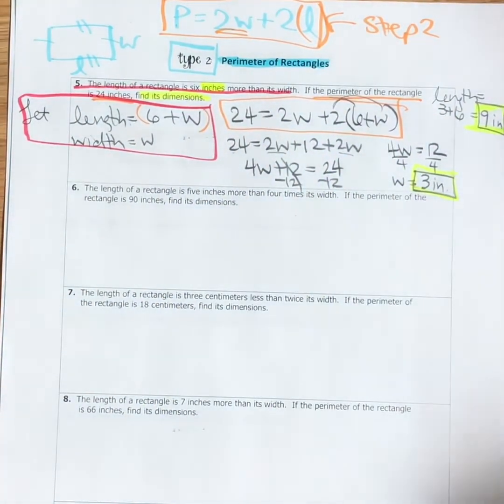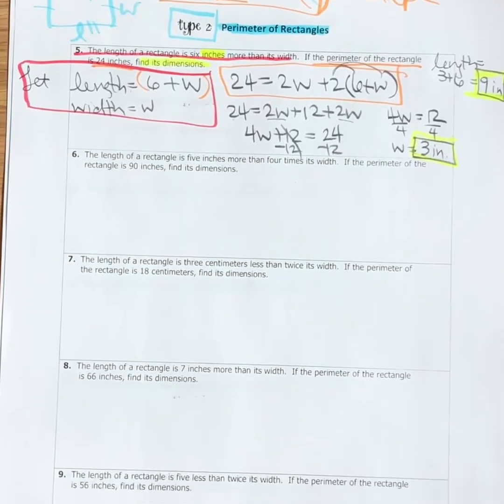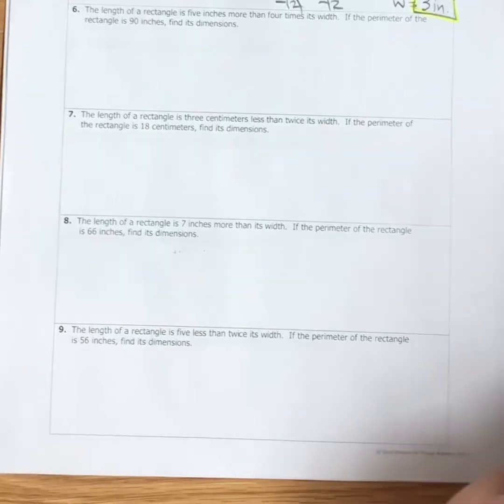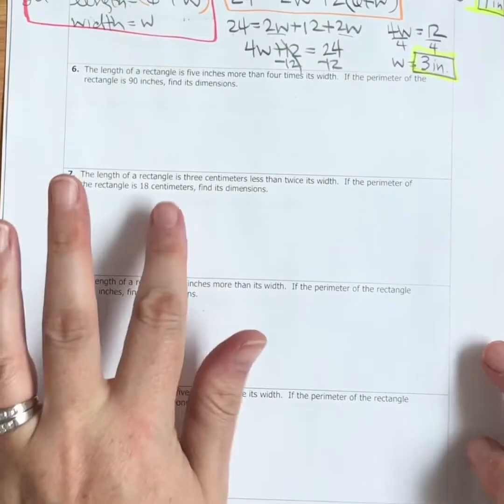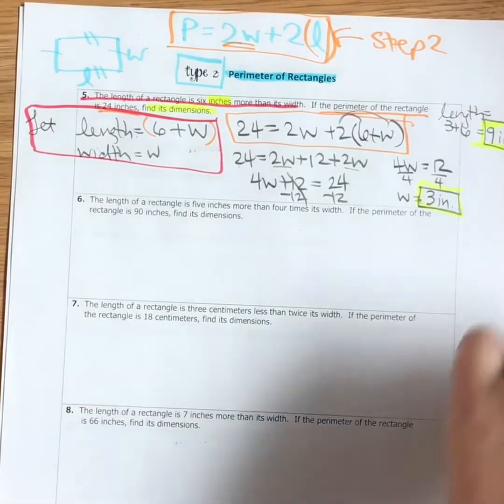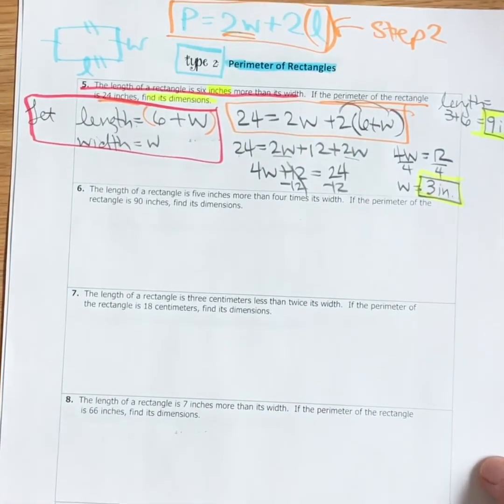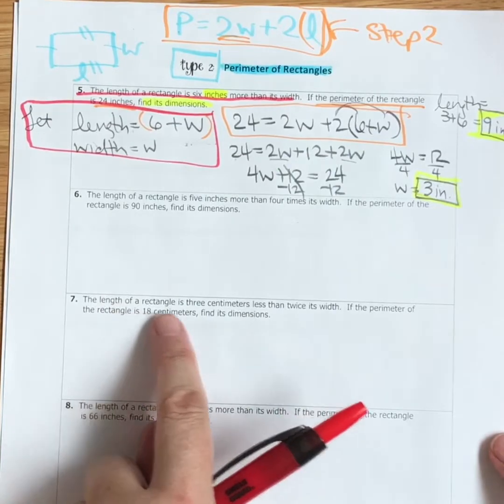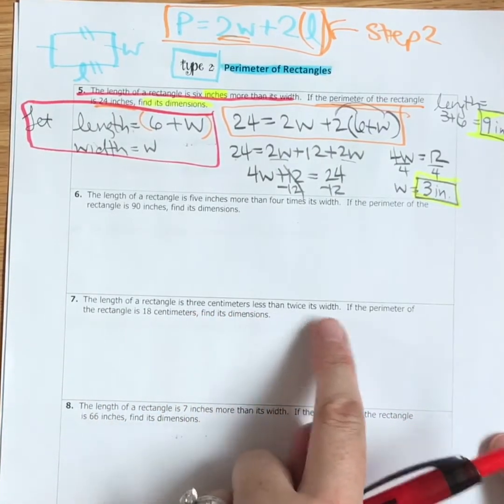Okay. Now let's do number 7, and then you're going to do 6, 8, and 9 on your own. So if we read this, it says the length of a rectangle is 3 centimeters less than twice its width.